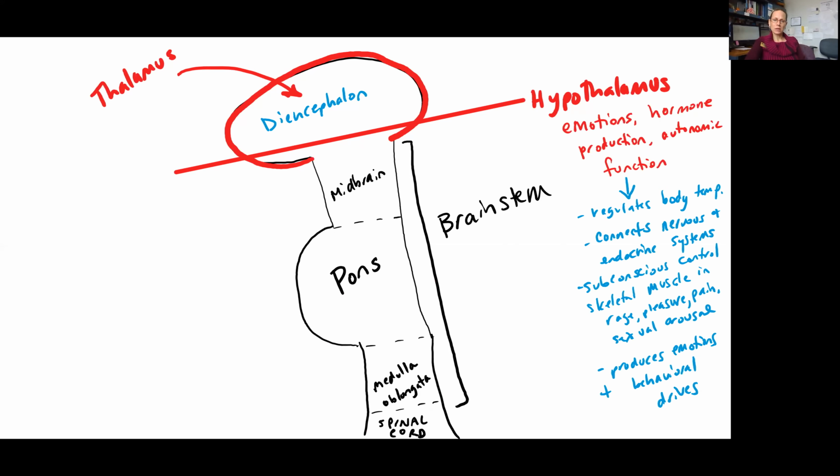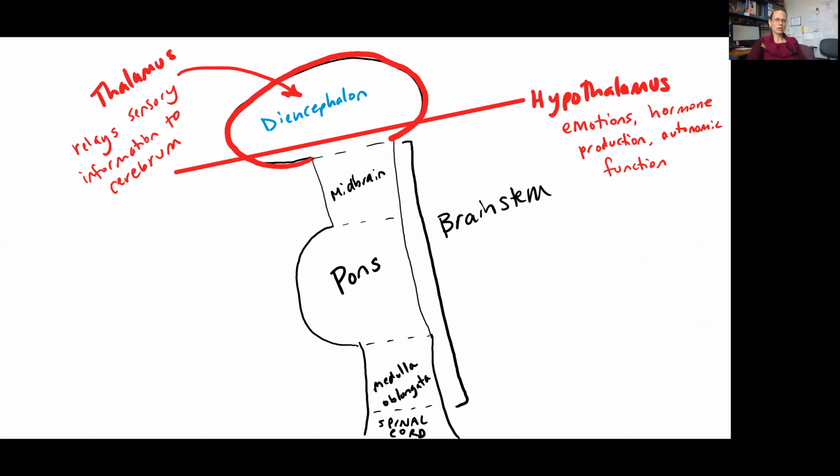So hypothalamus jobs include regulation of body temperature, connecting the nervous and endocrine systems, as already stated. Subconscious or unconscious, you could use those words either way here, control of skeletal muscle during rage, pleasure, pain, or sexual arousal. And then also, we can see the hypothalamus involved in producing emotional and behavioral drives.